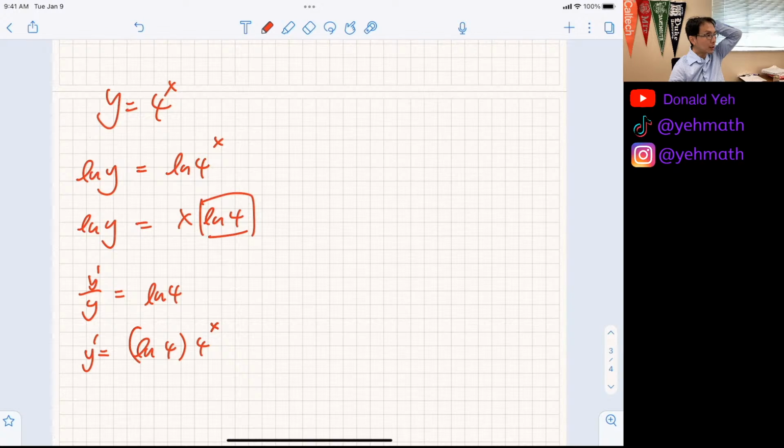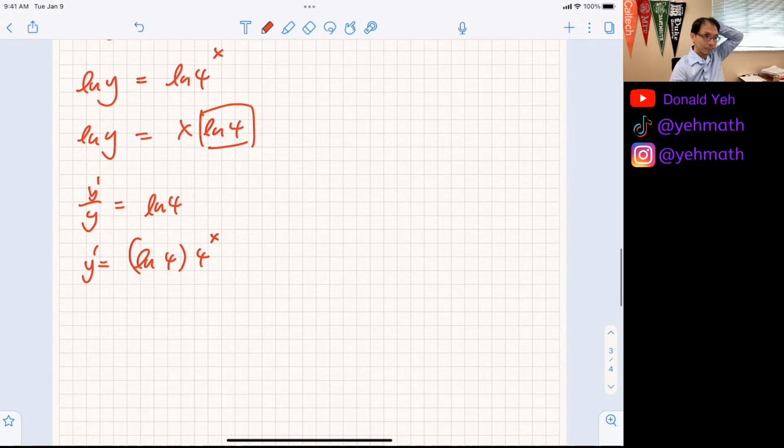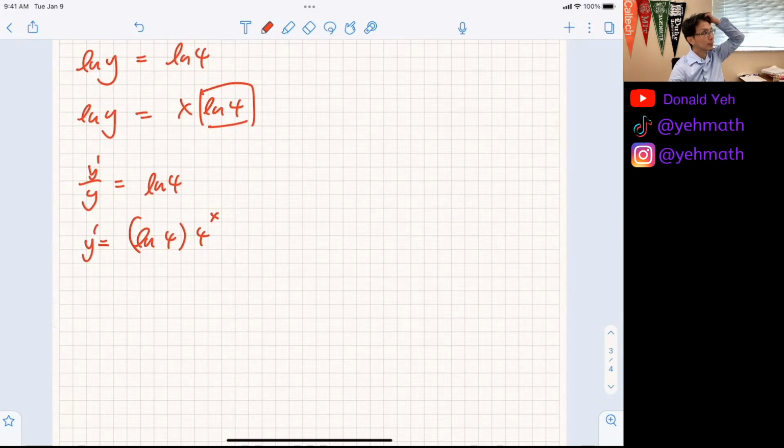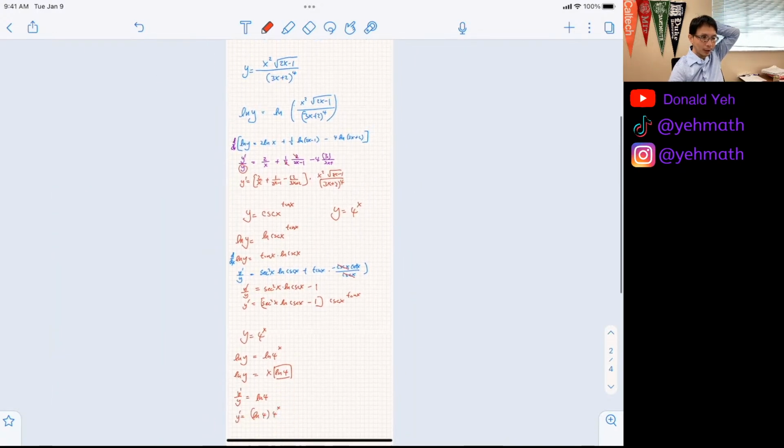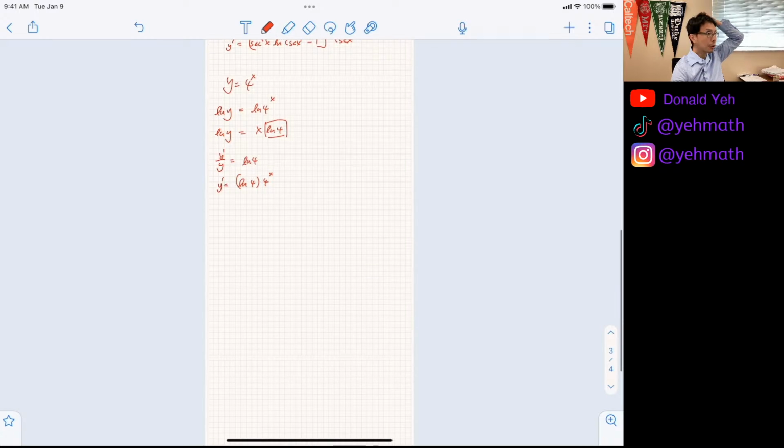So natural log derivative is also part of the game. Okay, can I move on or no? Today we only talk about the natural log. And also I'm going to talk about e to the x.